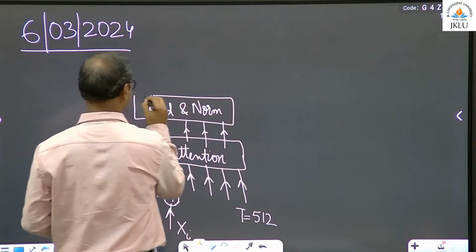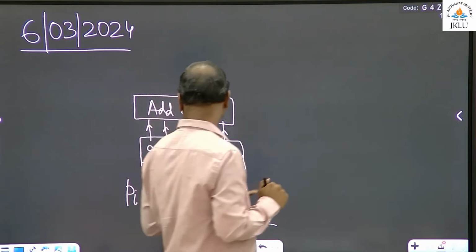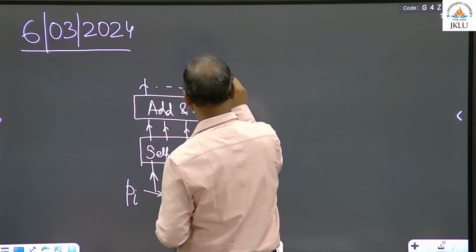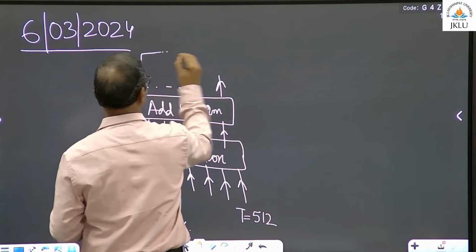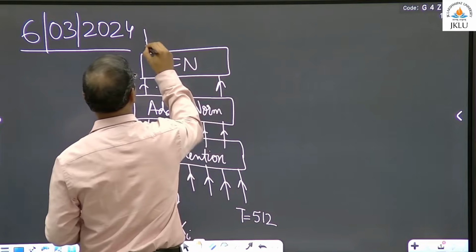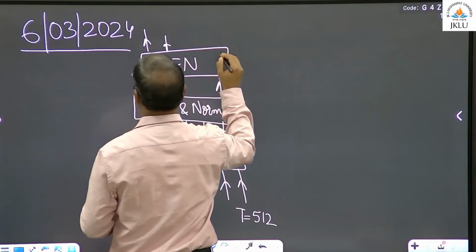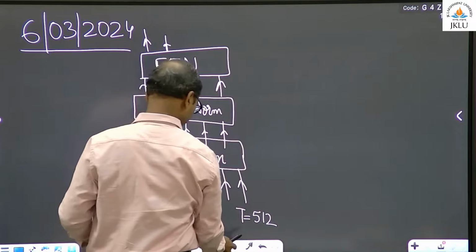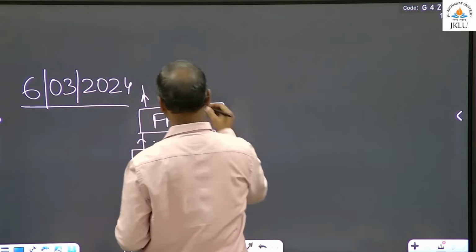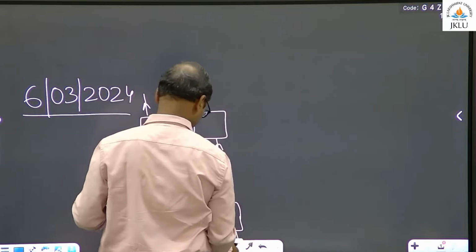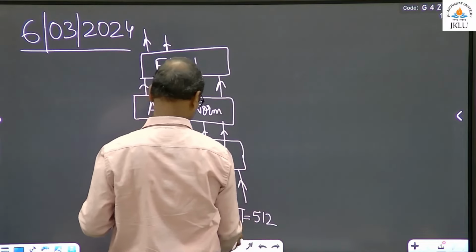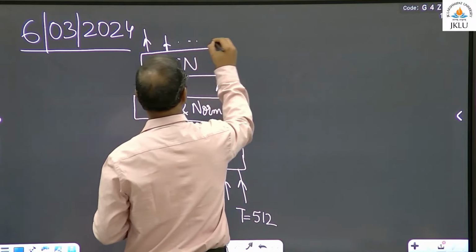Now what was next? Then this thing is passed to a feed forward network, and then add and norm again.